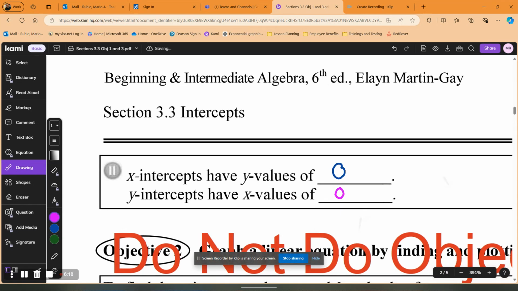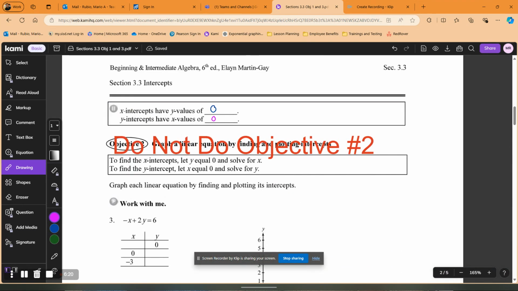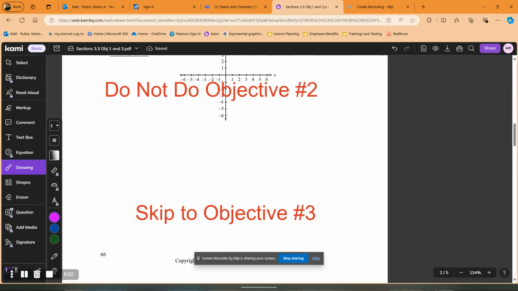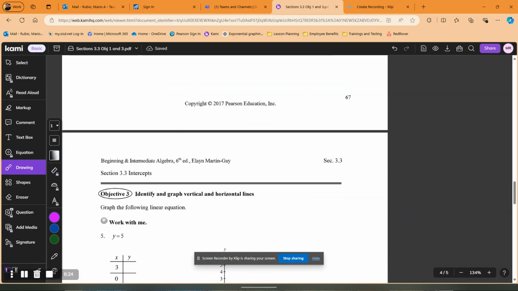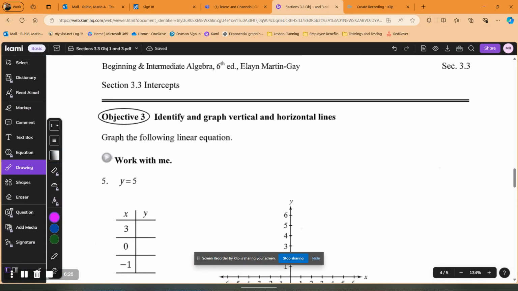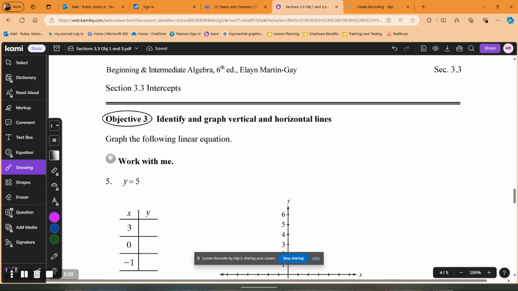We're not doing objective 2. We're not going to worry about that today. But let's take a look at objective 3. This one's called Identify and Graph Vertical and Horizontal Lines. So remember, I told you which way is vertical.